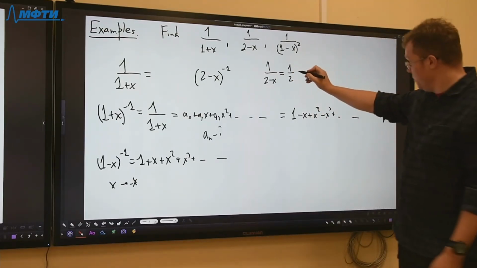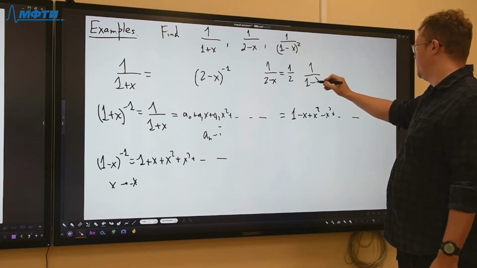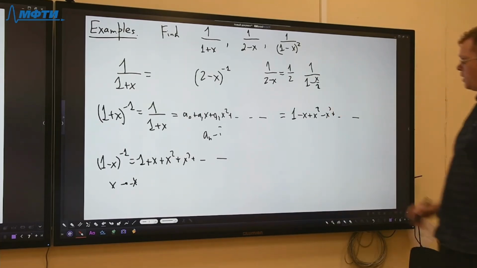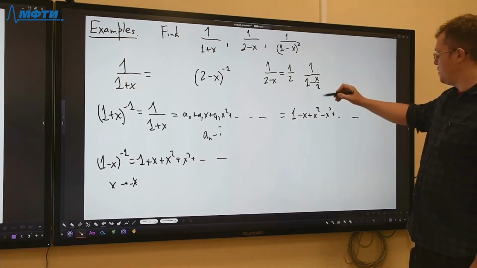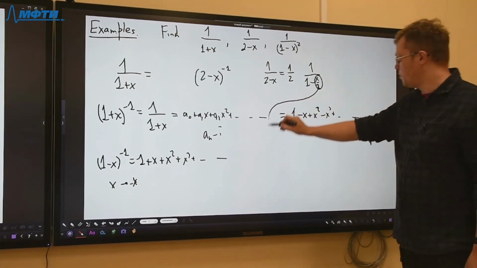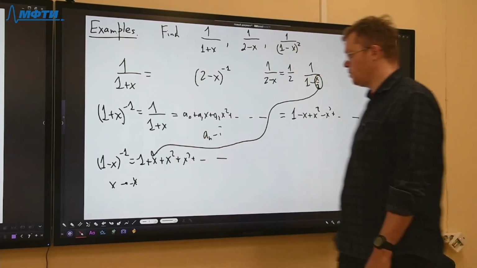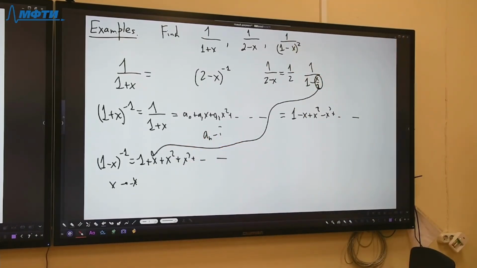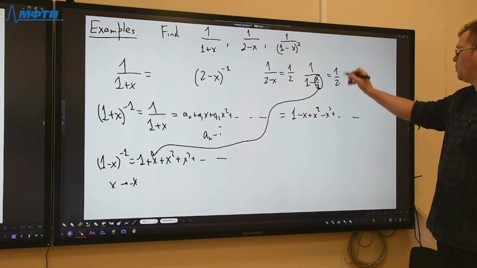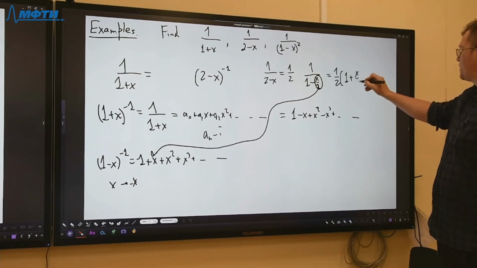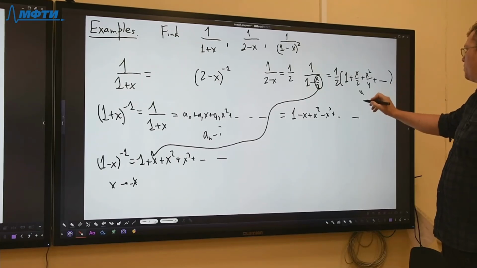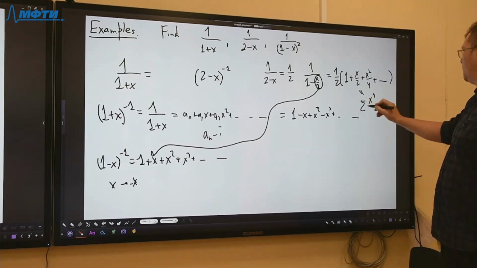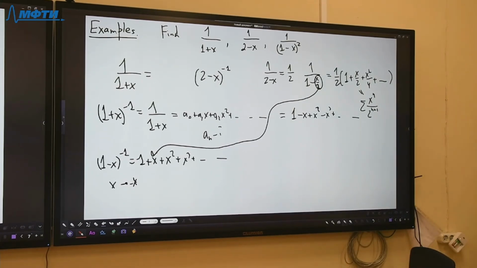I will rewrite this as half of 1 over 1 minus x over 2, and then I just use the previous formula, but with x over 2 here. So it will be 1 over 2 times 1 plus x divided by 2 plus x squared over 4, and so on. The coefficient will be something like x to the power n divided by 2 to the power n plus 1.